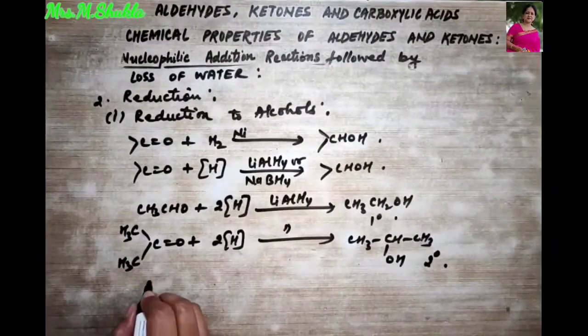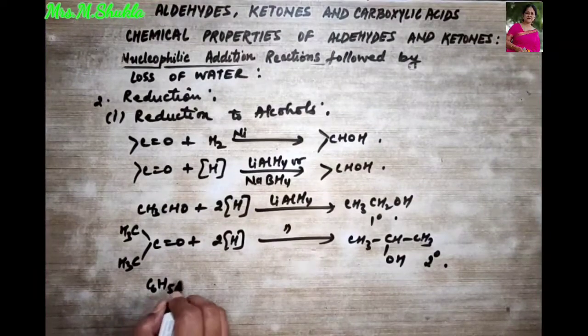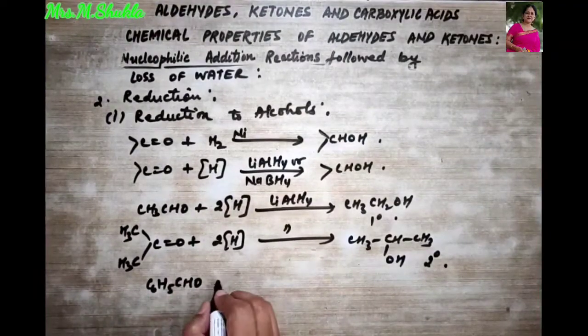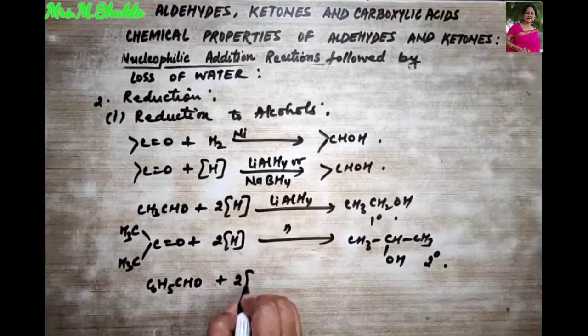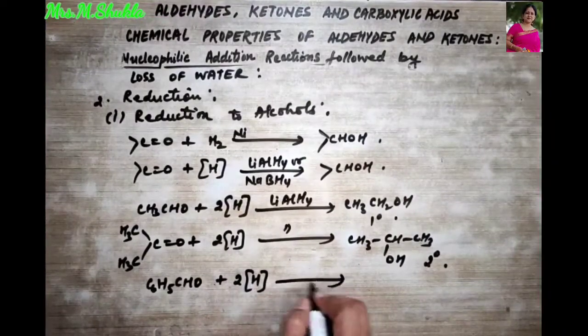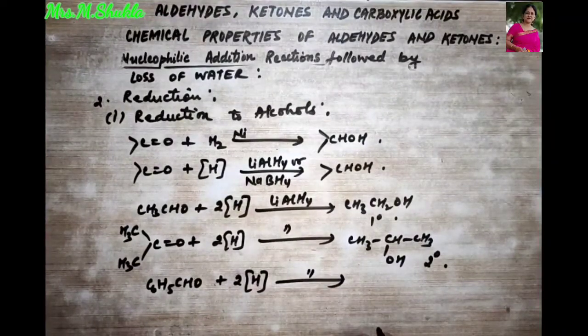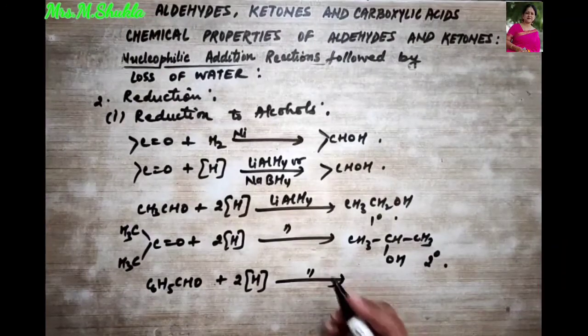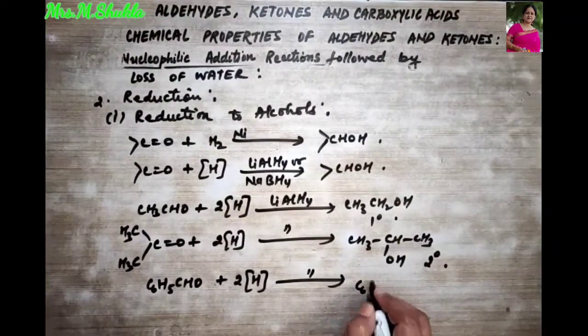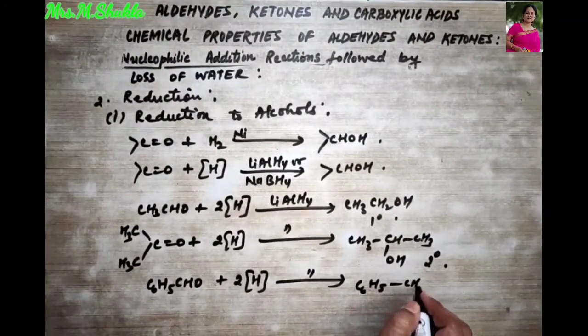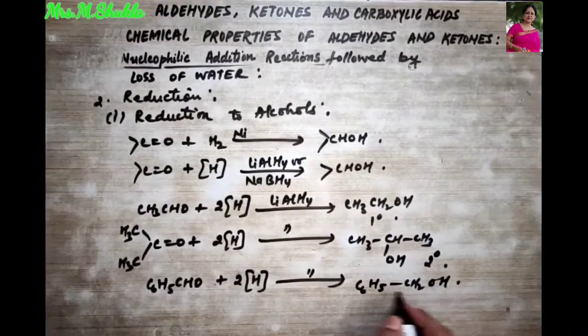And if C6H5CHO, benzaldehyde, is reduced in the presence of lithium aluminium hydride, then it is going to give us benzyl alcohol, that is C6H5CH2OH. What is this called?